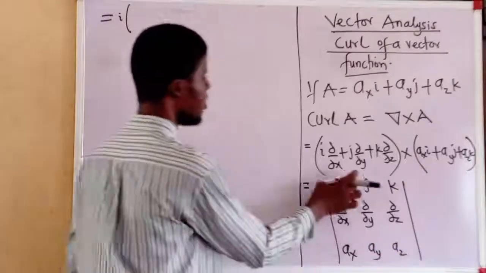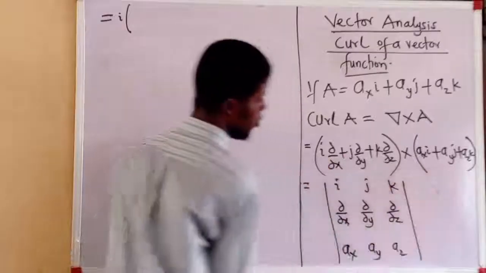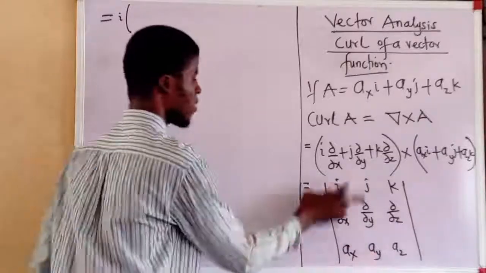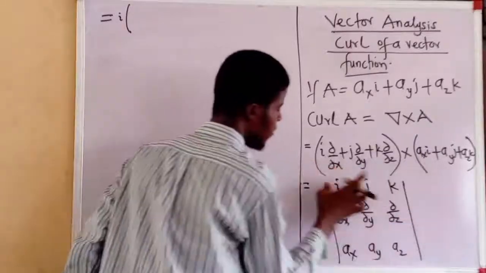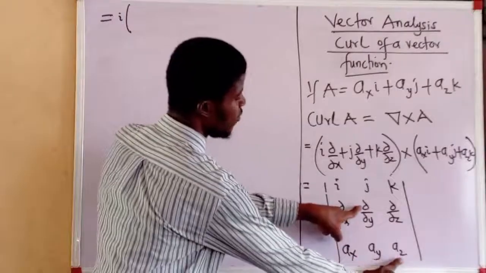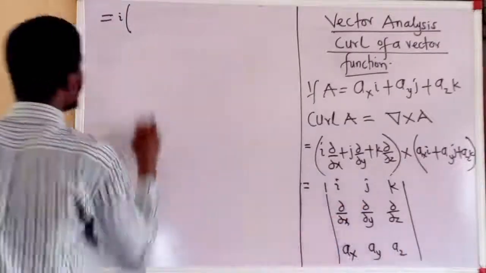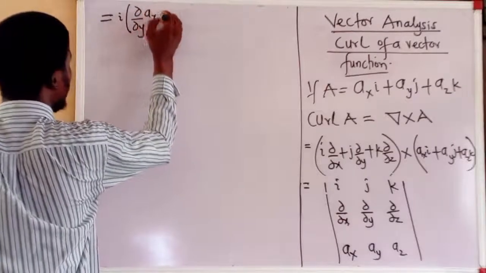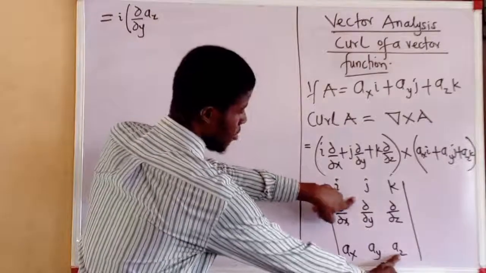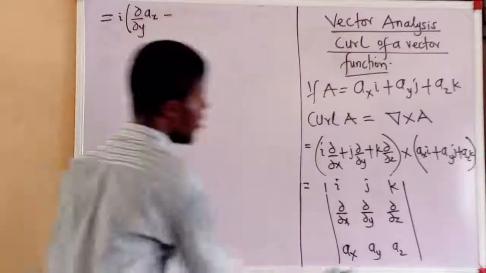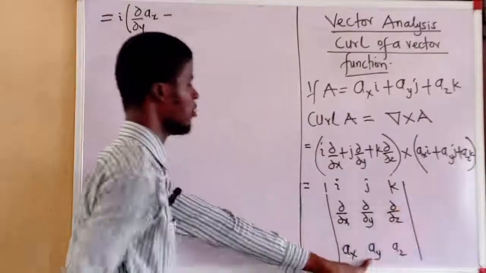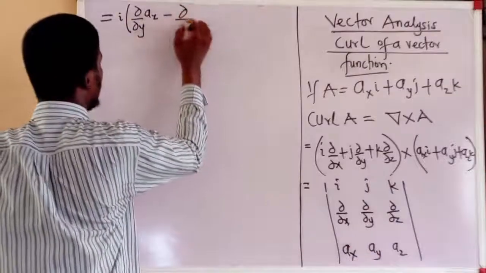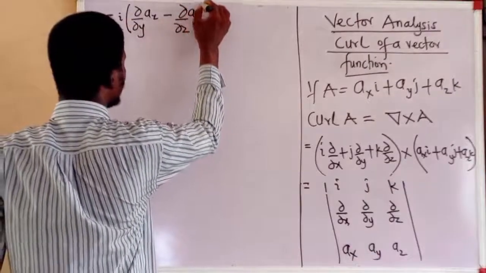So we have this times this, minus this times this. That will be the partial derivative with respect to y of Az, minus the partial derivative with respect to z of Ay. Partial z, Ay.